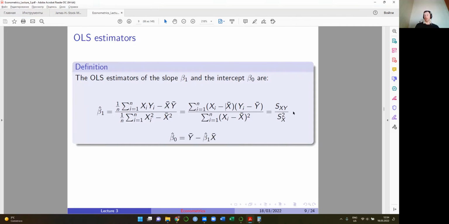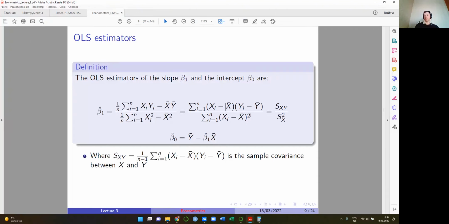And beta 0 hat is calculated in the same way as we have seen on the previous slide. The repetition about sample variance and sample covariance was needed just to illustrate this equality, why this equals this, because both parts are related to the sample covariance.